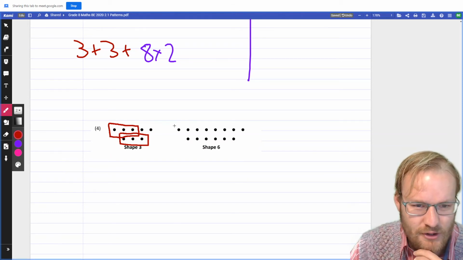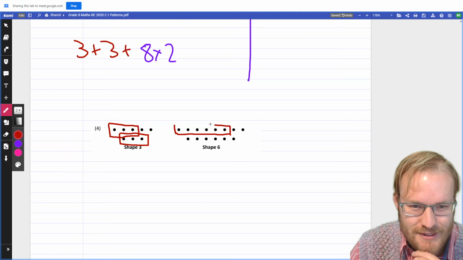So maybe I've got a row of 6, 1, 2, 3, 4, 5, 6. And another row of 6, 1, 2, 3, 4, 5, 6.